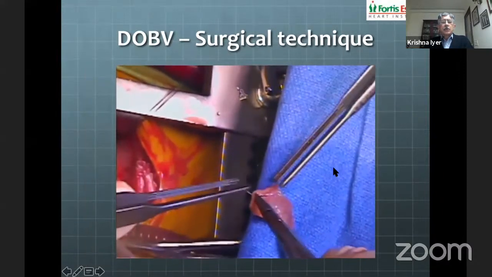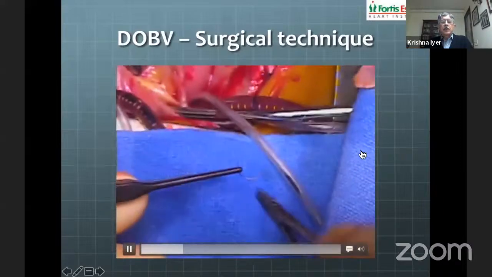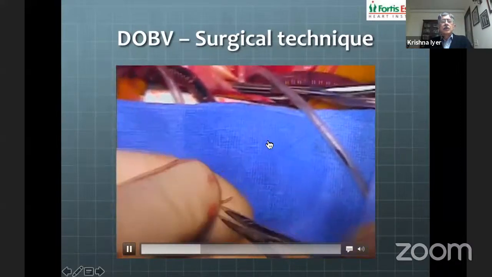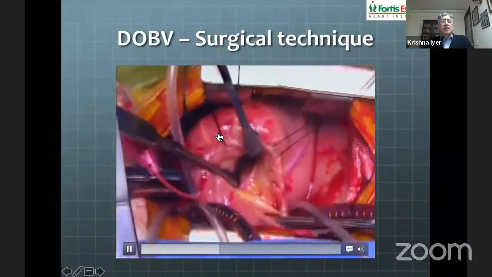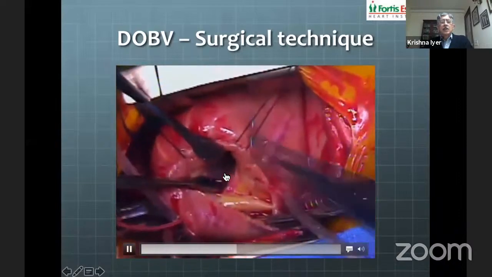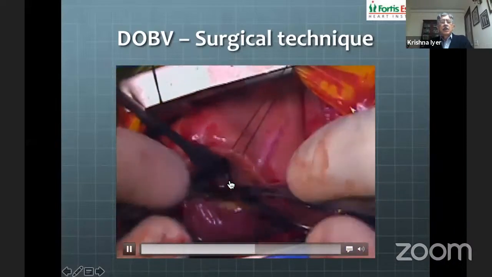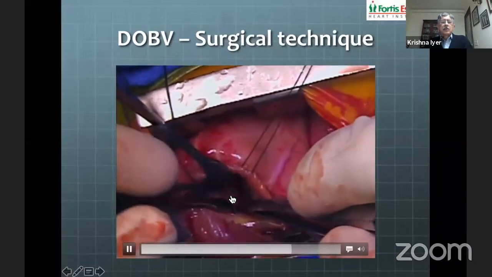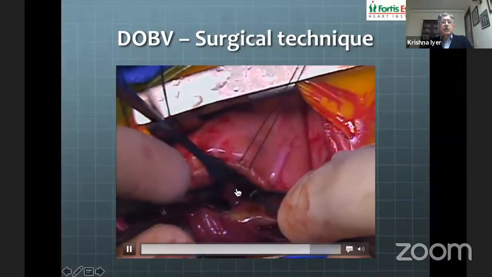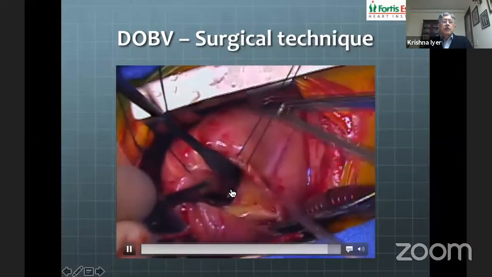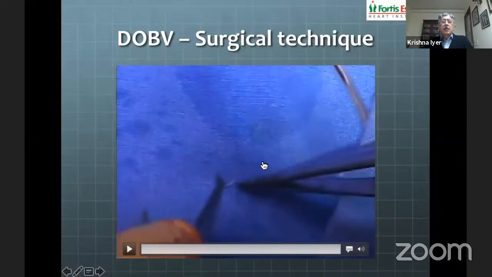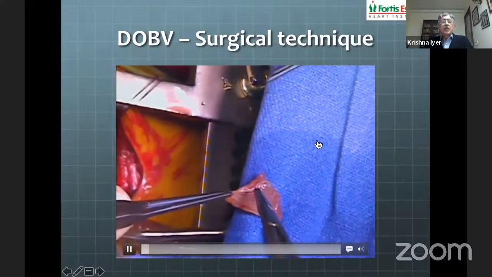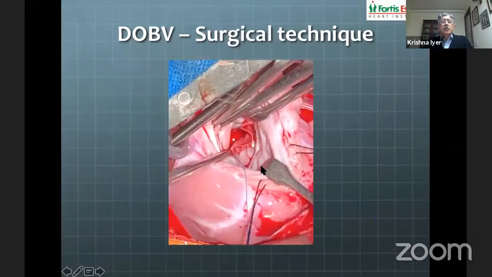So, just a few video clips to show. Now this is the triangular patch that we use, which is inserted into the distalmost portion of the interventricular communication. I'm sorry, it's difficult to see because this is a neonate and the magnification is huge, but just to give you an idea, that's the patch that we used to close.